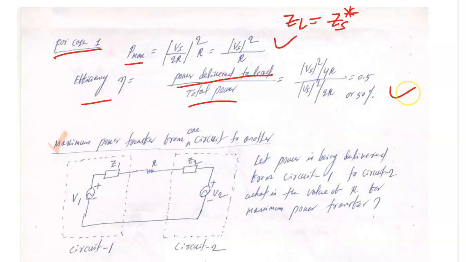That means for the maximum power transfer case, 50% of power is wasted in the source impedance. But in that case we also get maximum power delivered to your load impedance.